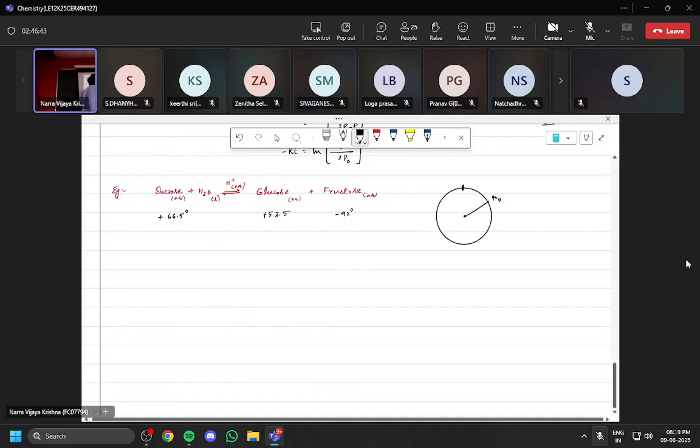This gives plus 52, this gives minus 92. So what is the net value? Plus 52 minus 92 is minus 40 per 2 moles, so per mole, minus 20. So instead of clockwise, I should see the value in the other direction.